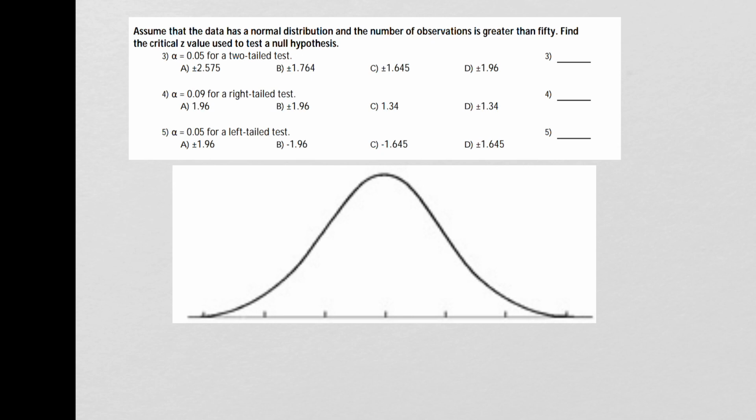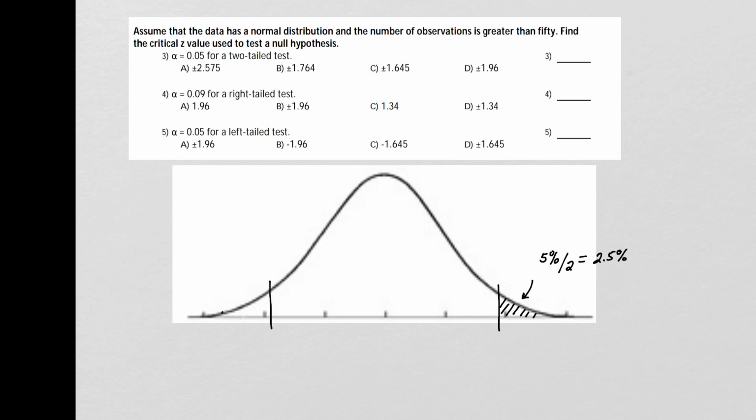So I'm going to show roughly about here, and I don't have to be exact. I just want to know that the area in the right-hand tail is 5% divided by 2, so that's 2.5%.